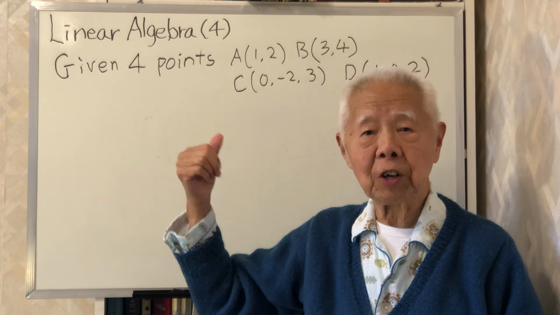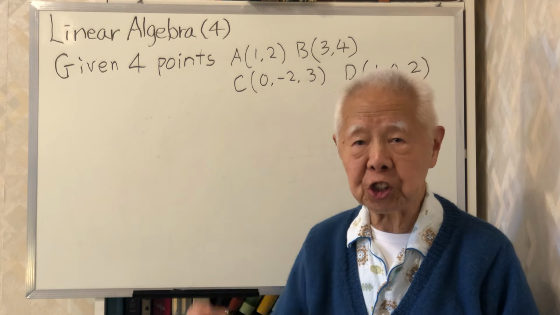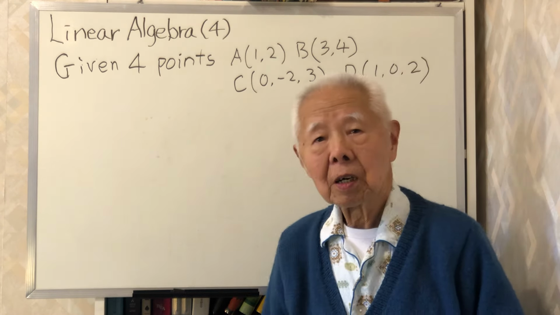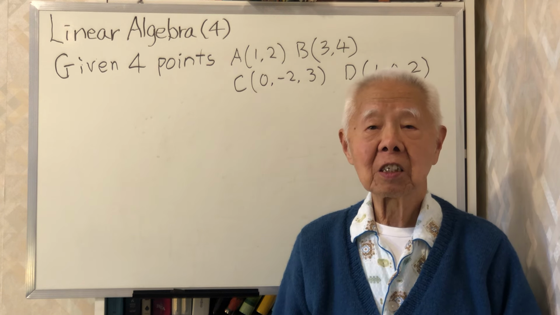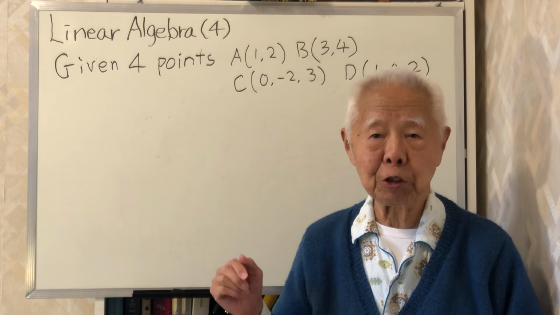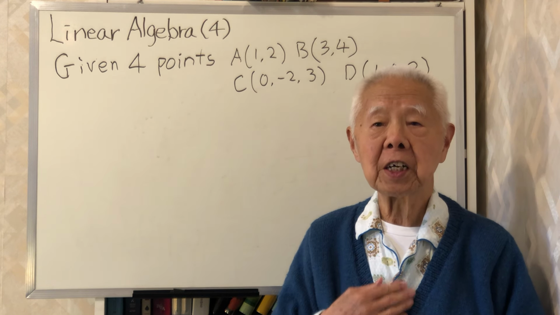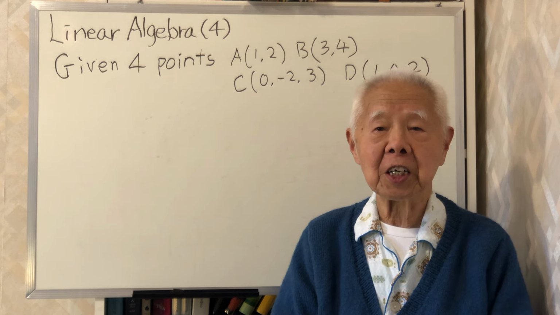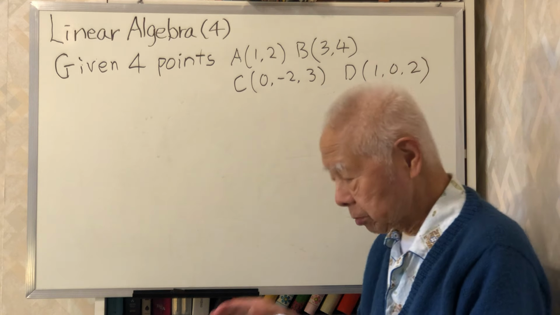I am given 4 points, A, B, C, D. Point A and point B are in the 2-dimension XY space. Point C and point D are in given XYZ 3-dimensional space. Okay.